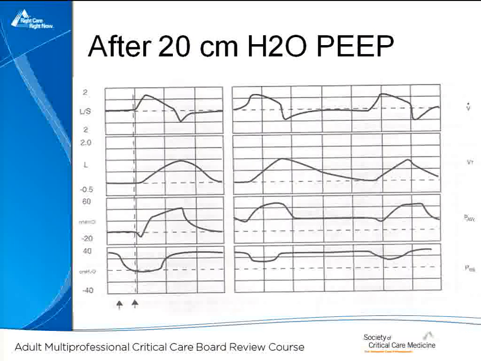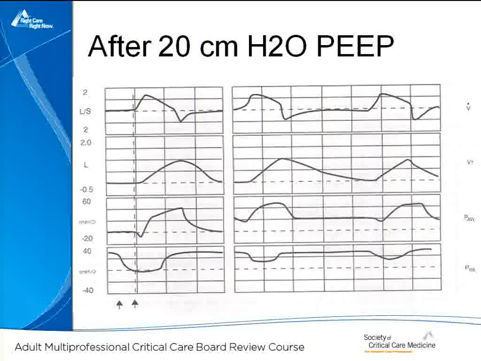Adding PEEP in volume assist control, if there's no intrinsic PEEP, if I add 5 of PEEP, the peak and the plateau will often go up close to 5, unless you make compliance dramatically better. If I add 10 of PEEP, the plateau will go up 8 or 10 centimeters of water. Notice in this patient, I added 20 centimeters of PEEP, and the peak pressure didn't change at all, or at least very little.